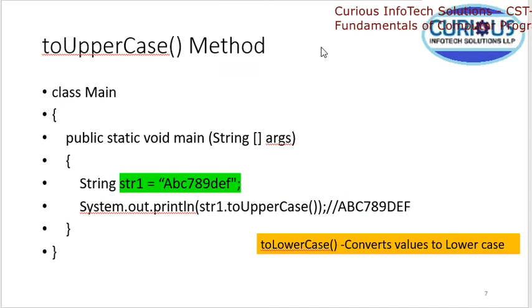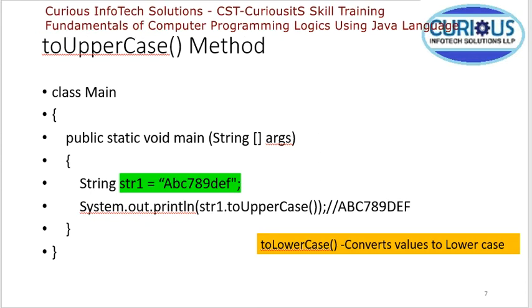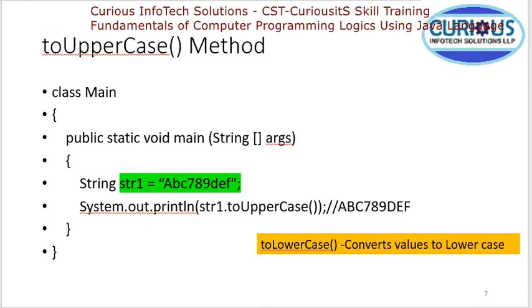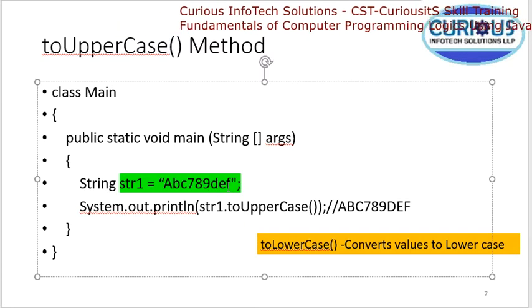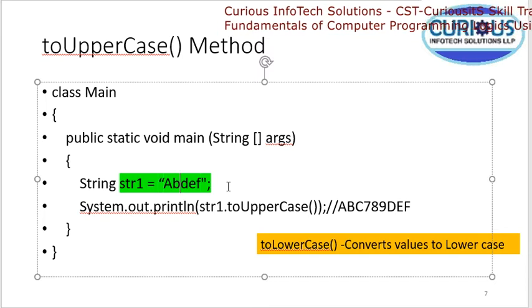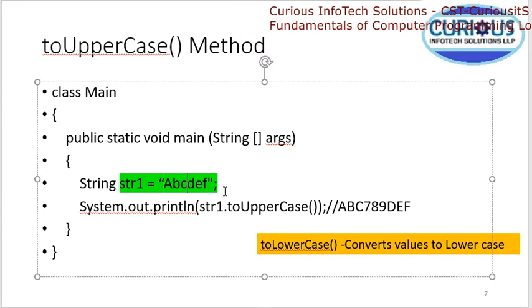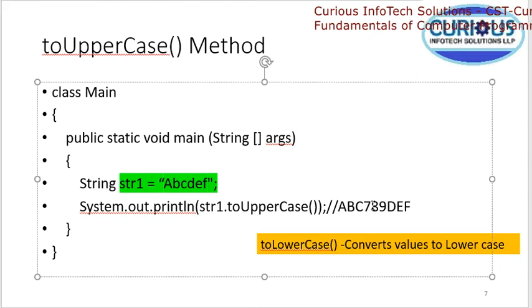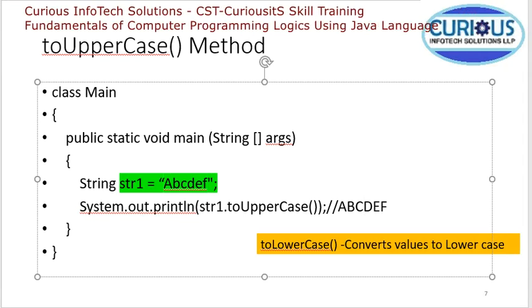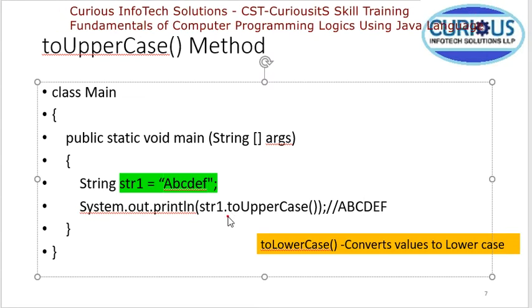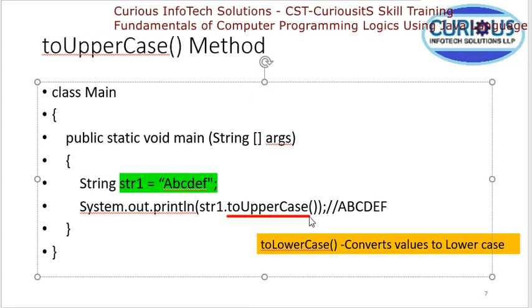Now come to toUpperCase. So toUpperCase basically changes the alphabet case to upper case. So what will happen? First I will change this input to a simple alphabet, A, B, C, D, E, F. Here we are using one simple function named toUpperCase. This toUpperCase basically updates the input to uppercase.